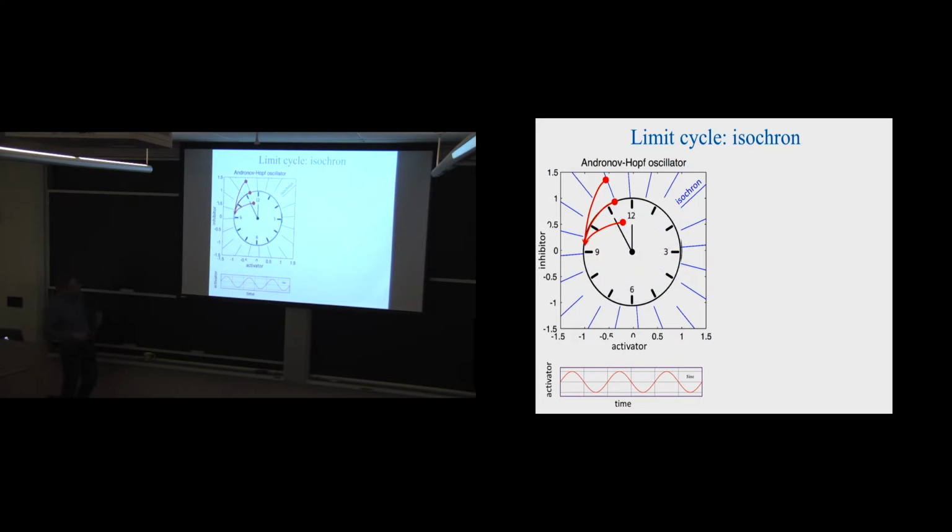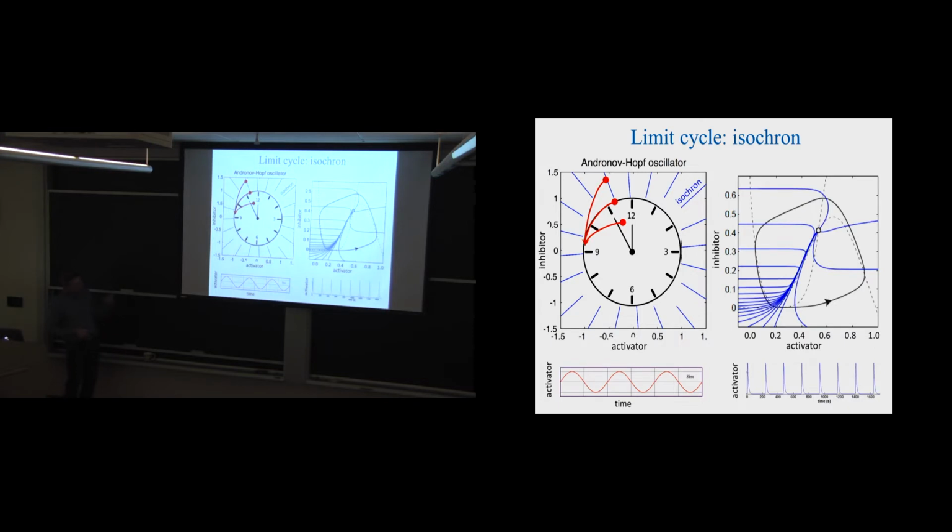So it's saying the limit cycle is like a clock. If the variation is sinusoidal, then it's a regularly spaced clock. Now, this is what the limit cycle looks like for the BZ reaction. The lines are very squinched in here.